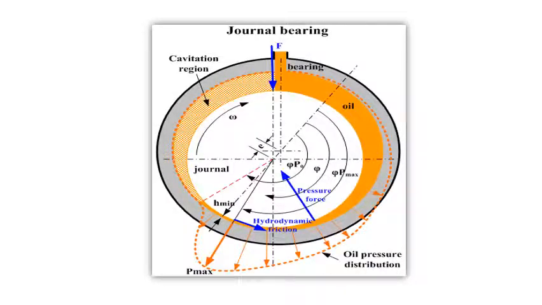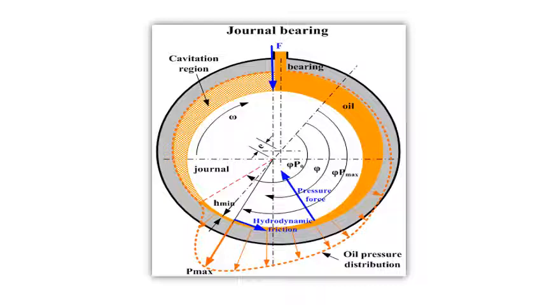From the figure we can see that in a journal bearing, when the speed increases to its maximum, the lubricant or oil flows and lifts the journal completely, separating the journal and the bearing.